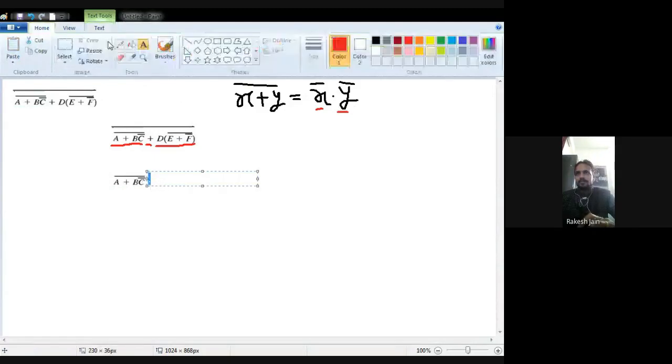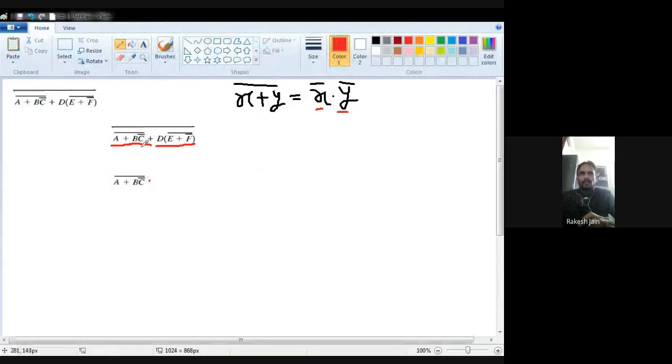Then the second term, this one is your second term. Then both the terms having a bar, so this term also having a bar and this total term also having a bar.